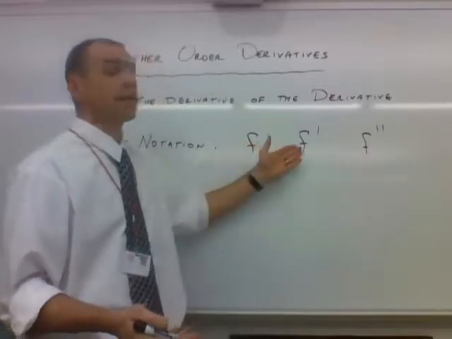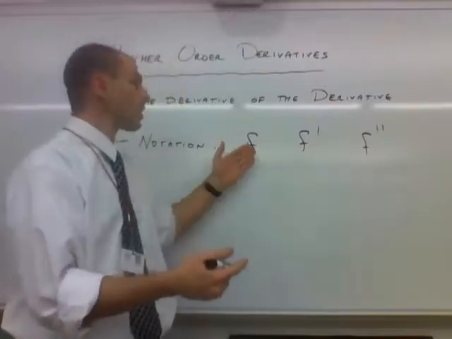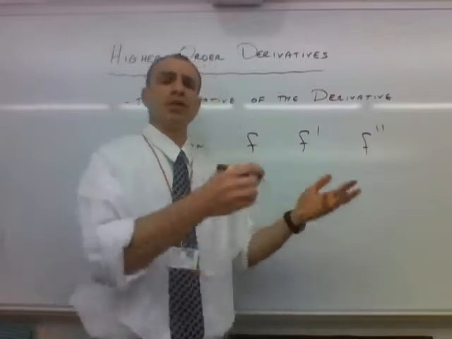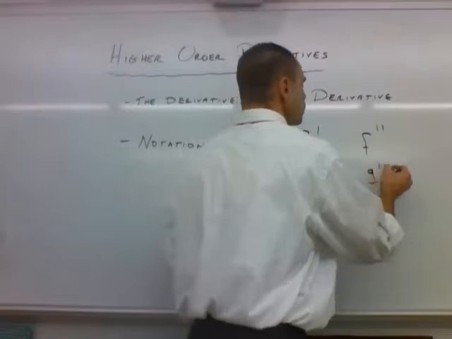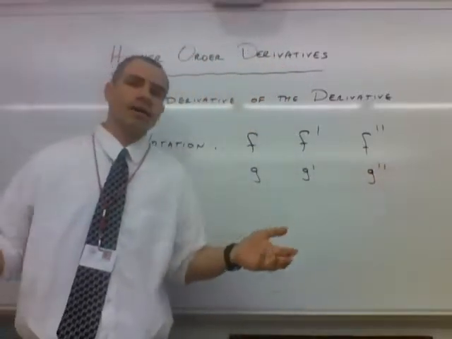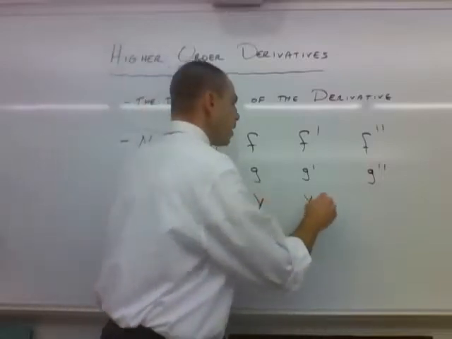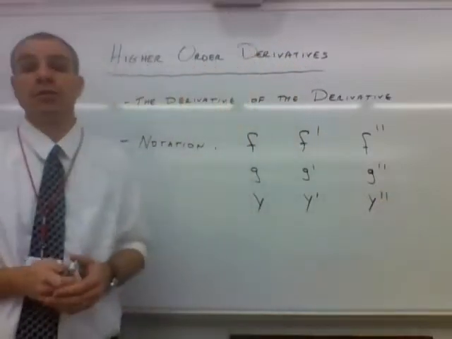So the function, the derivative of the function, the second derivative of the function, or f, f prime, f double prime. And it doesn't matter whether we use f or g or h, we would have g, g prime, or g double prime. Sometimes we think of a function in terms of y equals x squared. Well, then we would have y and y prime and y double prime. That's another way to do the notation.